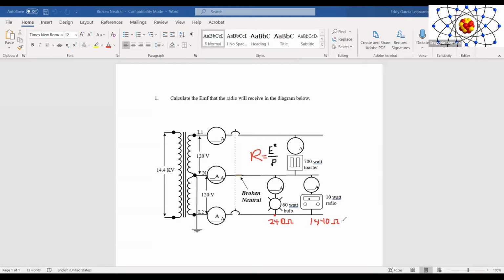For the toaster on the top, it was 20.57 ohms. That's the ohmic value. I wrote it in amps, but that was an error. So this is 20.57 ohms. And now with this information available, we can apply Ohm's law and find the currents.